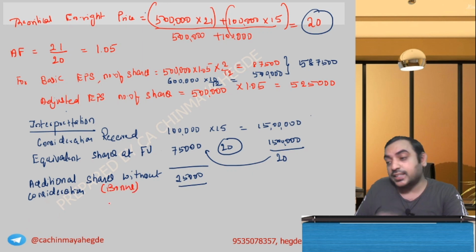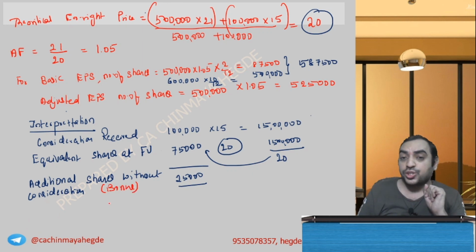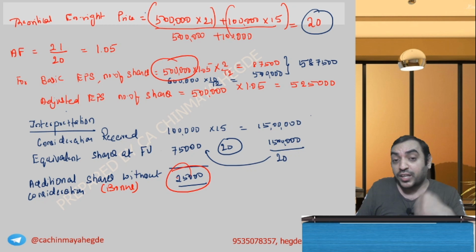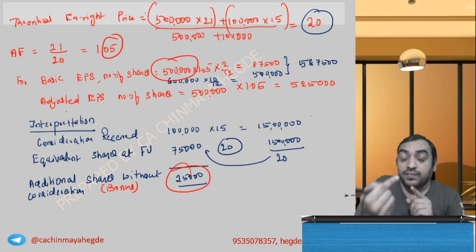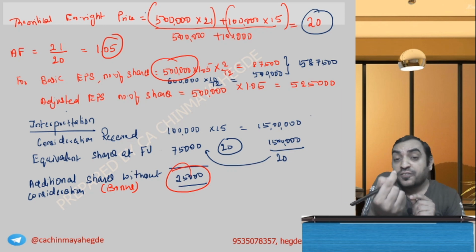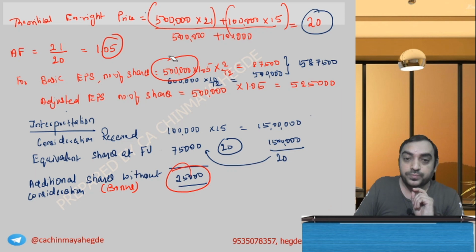And if you compute the ratio, 25,000 out of existing 5 lakh, right? So 25,000 by 5 lakh, how much you get? 0.05. That's what this 0.05 means. Bonus element. For every one share you have, you are giving 0.05 free of cost. Bonus element without consideration.